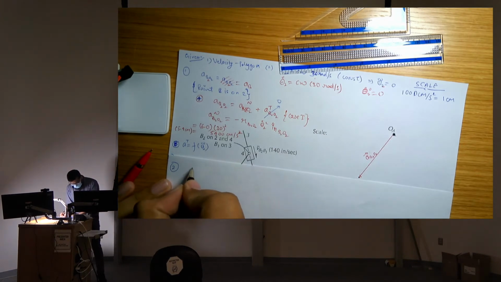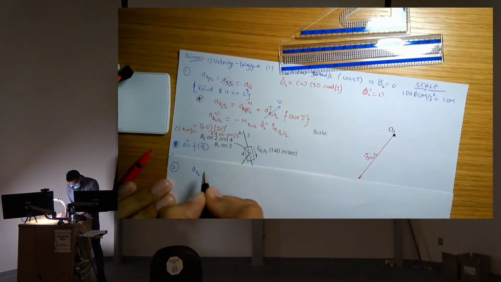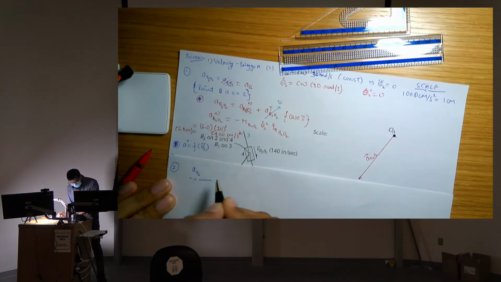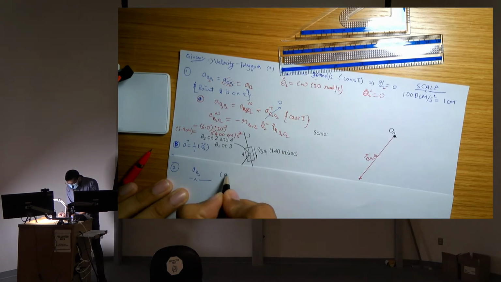So for B3, now assume B3 is on link 3 as given.